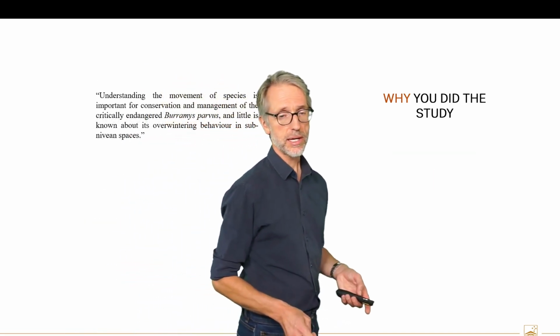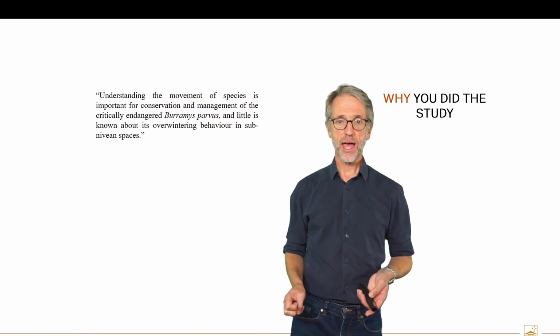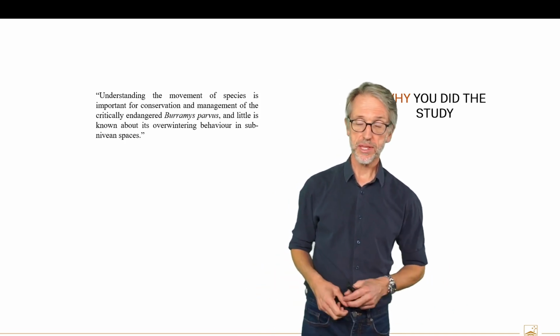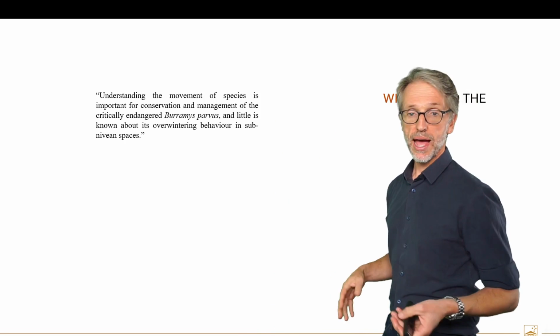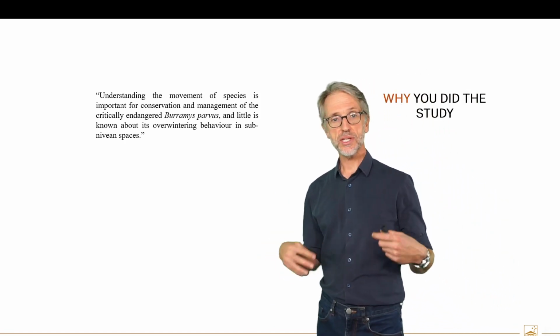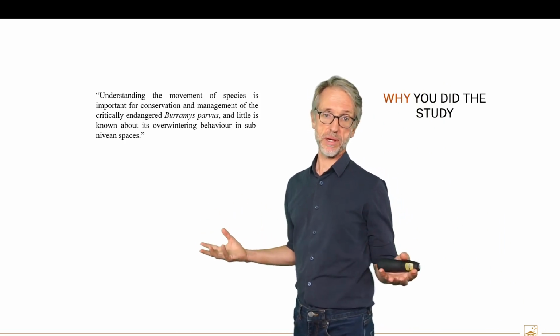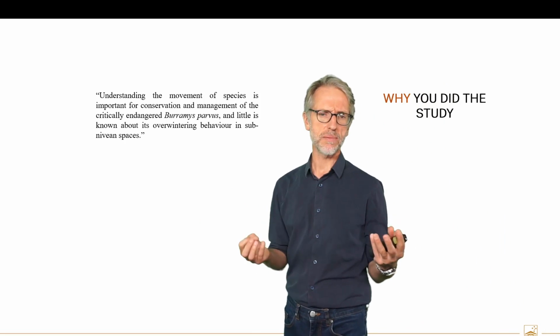Well, here is a totally synthetic example of the way that it might come together. For example, we might have a theoretical framework in our introduction that covers a detailed description of a species, of its endangered status and how little we know about it and why that's important.